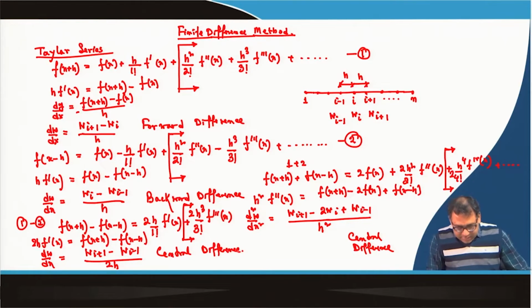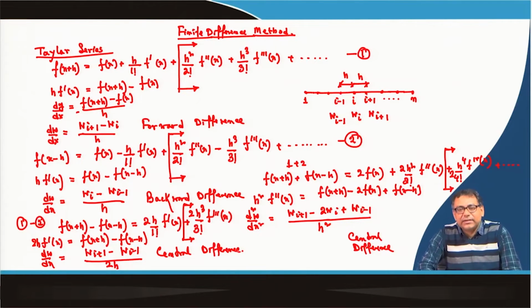You can see that in the central difference scheme we are neglecting h cubed and higher, but in forward and backward difference schemes we are neglecting h squared and higher terms. As h is a very small value, our error is less compared to when we neglect h squared and higher terms. Clear?